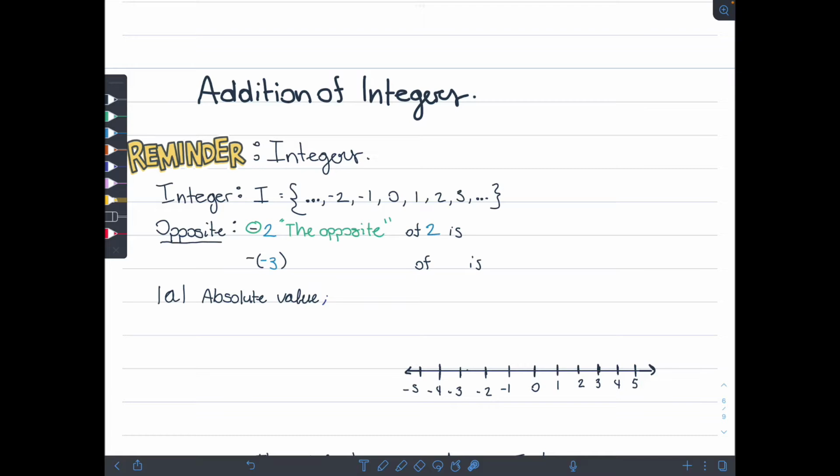So in this case, 2. What is the opposite of positive 2? Yes, it is -2. And we can use this number graph, that's our visual aid. The opposite of positive 2 is -2.